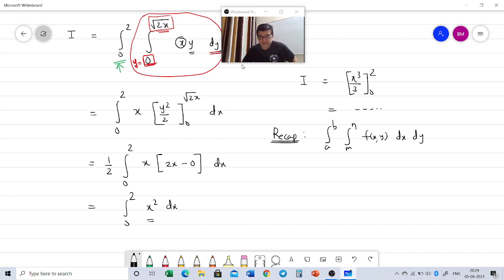For example, here, as far as given integral is concerned, it is saying you integrate with respect to x, and then you integrate with respect to y. But if I wish, I could write it as integral m to n, integral a to b, f(x) dx dy. Means I switch the order, right?